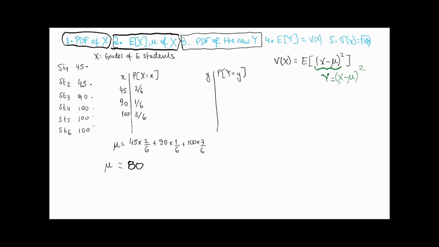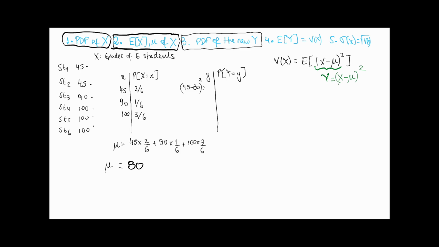So what do I need to do? When x is 45, what's the value of y? Well, it's 45 minus 80, which is the mu that I found, squared.